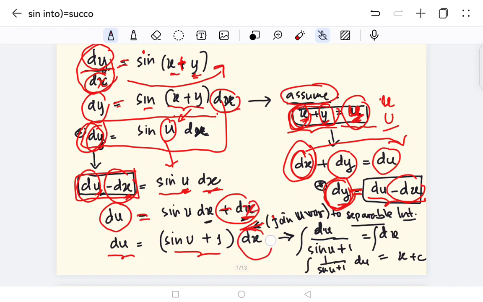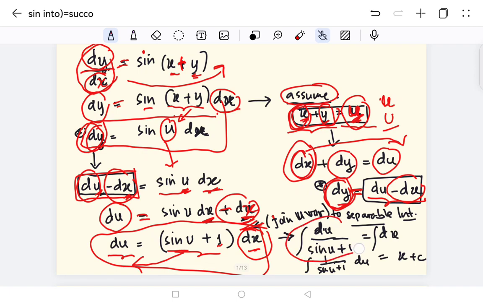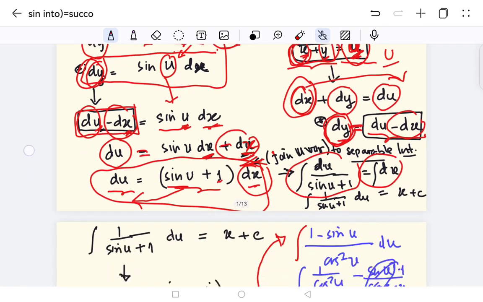I factorize out a single dx, so now it's sine u plus 1. Now you can integrate if you want, but not yet. If you want, you can move things here, go ahead, or integrate both sides like this.